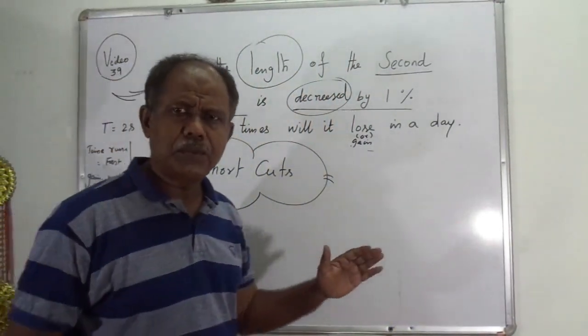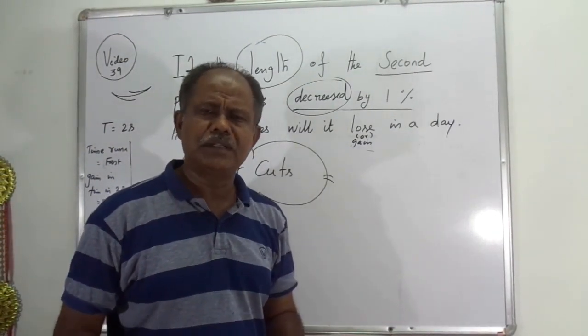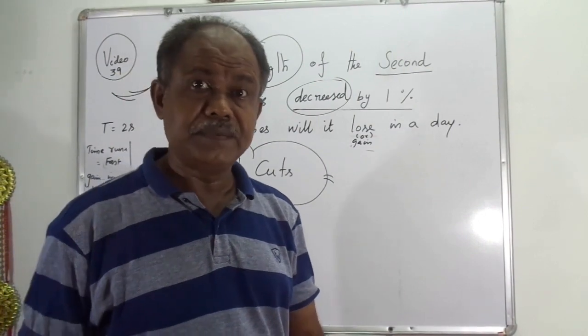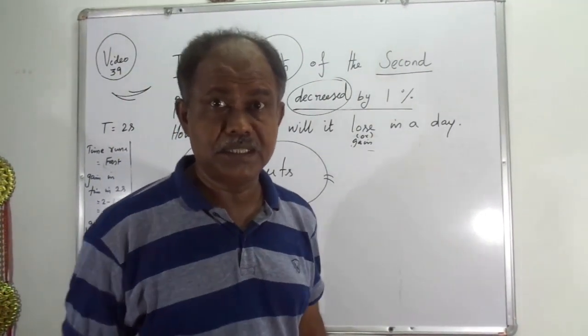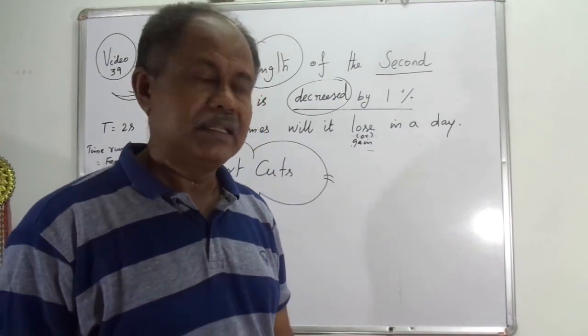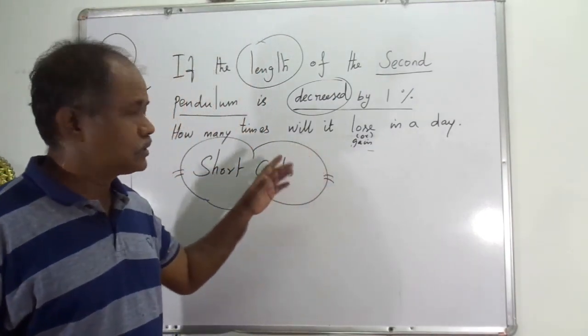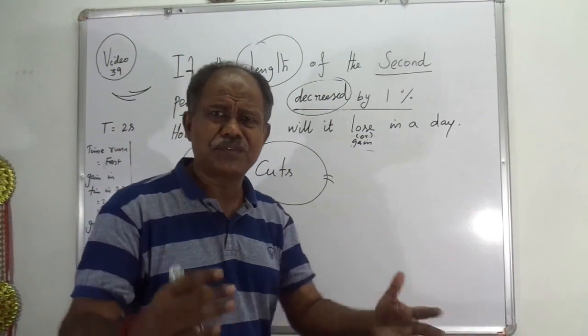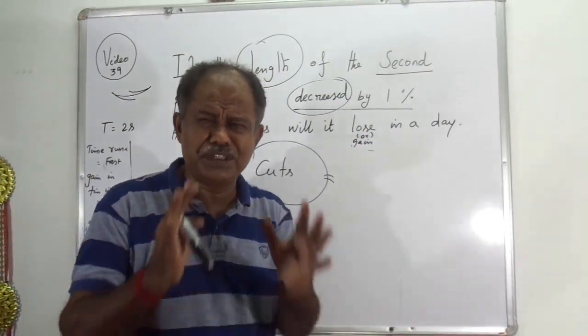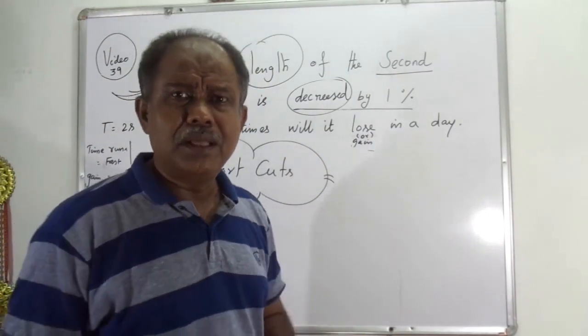We can derive it step by step for the board examination point of view, because we need steps in the board examinations. But for the entrance examination, this total calculation is a waste of time. For that I made a very small shortcut route.